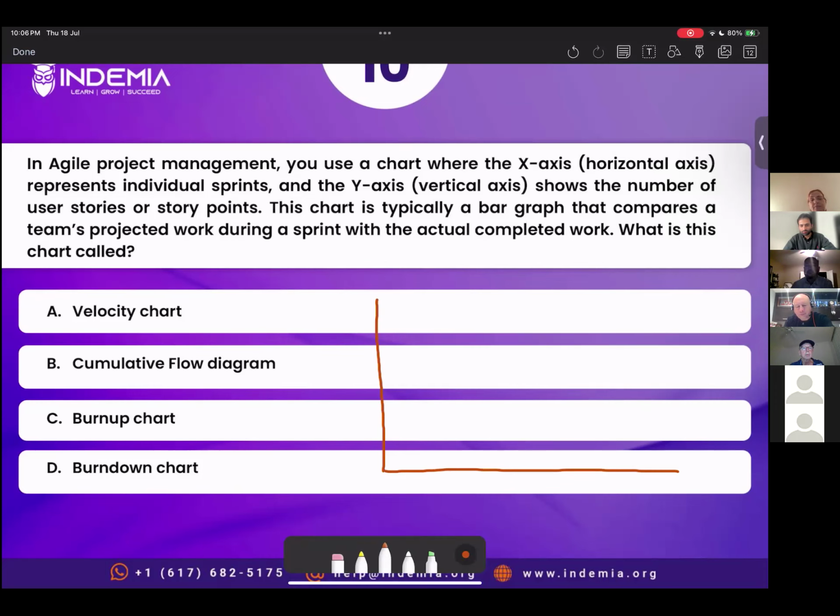Okay, Kokila, you have chosen option A. You're on mute, Kokila. Yeah, I just unmuted.